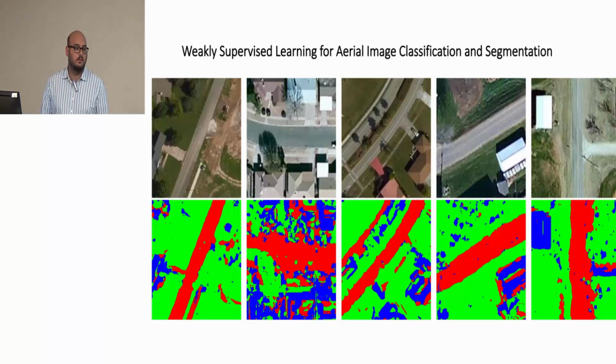The ground level image was trained on the ground truth of the dataset. So it's not fully supervised, it's weakly supervised. Yeah, exactly. Okay.